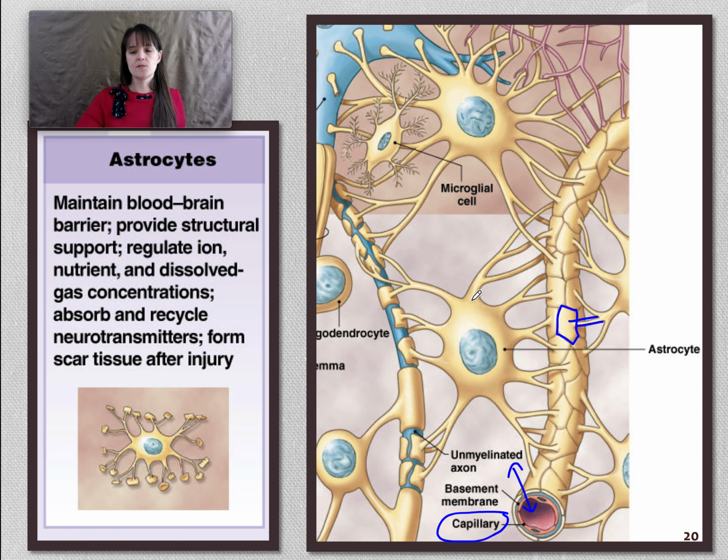So in order to not allow that to happen, these astrocytes form the blood-brain barrier that isolates those hormones and keeps them in the bloodstream, and doesn't allow them into the interstitial environment or the synaptic clefts between the brain cells.